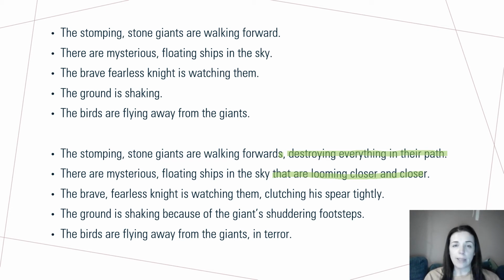The brave, fearless knight is watching them, clutching his spear tightly. So here I've included a little bit more information, and that was easy to do because I just looked at the picture again and thought, what else could I tell people about this knight? What else is he doing? He's clutching his spear tightly.